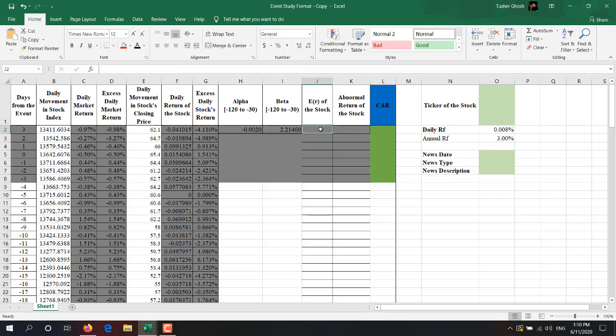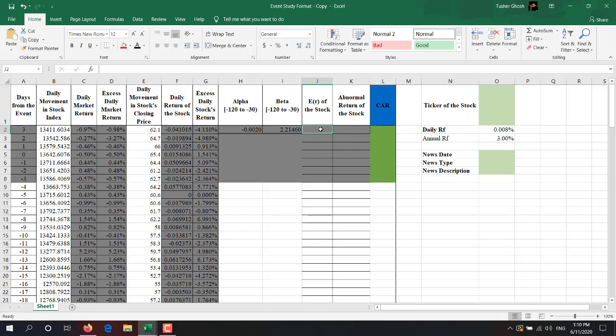Alright, so now we need to get the abnormal return of the stock, but before getting the abnormal return we need to define which is the normal return of the stock. Now again from the CAPM we know that expected return is equal to alpha plus beta into the market return plus the firm specific factors.